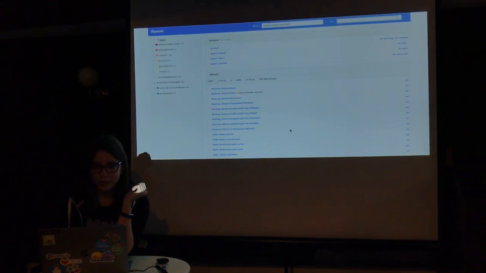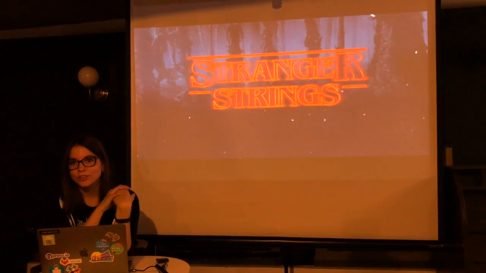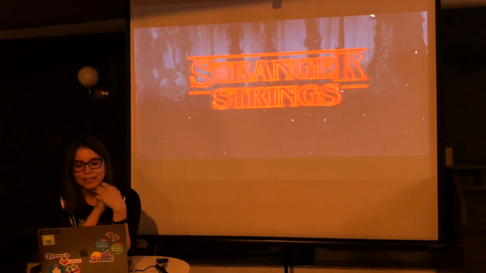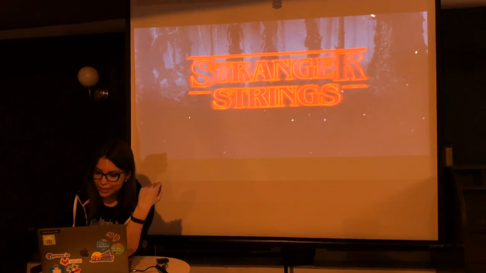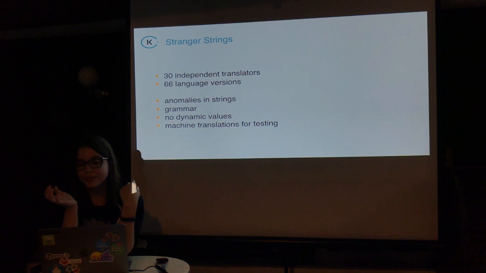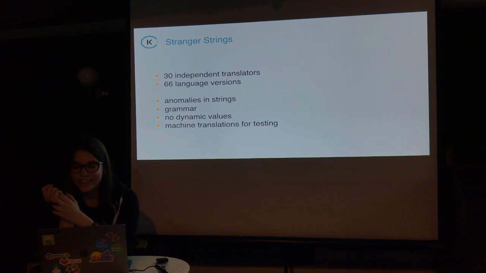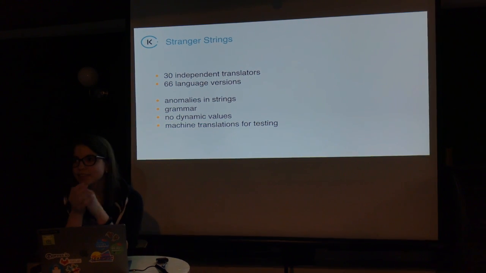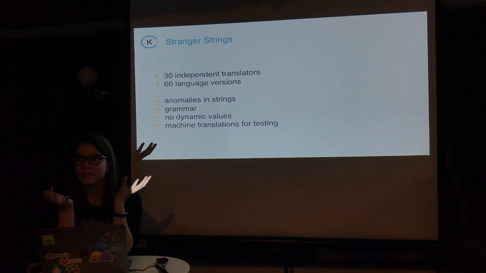Okay, so the next tool which our developers made for us and also for translators is called Stranger Strings. It is because we have 30 independent translators, and they send us translations to many sources, and we have 66 language versions.